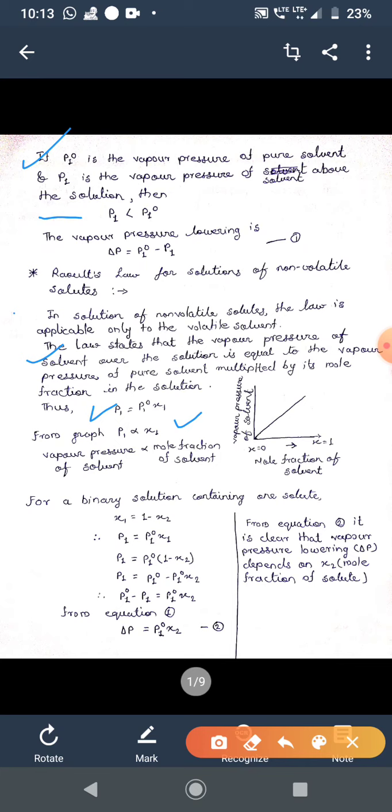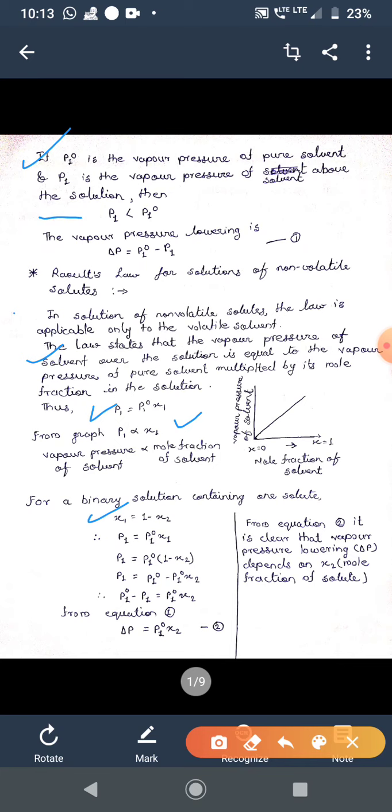That's why the mole fraction of the solvent, x1, is equal to 1 minus x2, because x1 plus x2 is equal to 1. Here x1 is the mole fraction of the solvent, and x2 is the mole fraction of the solute.